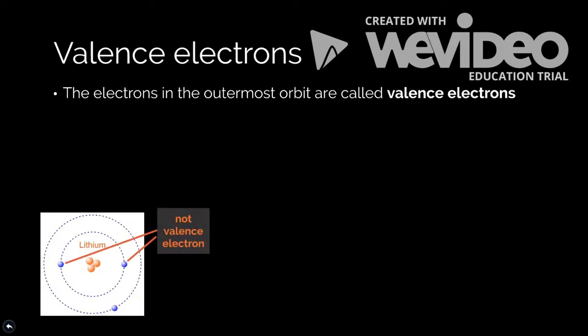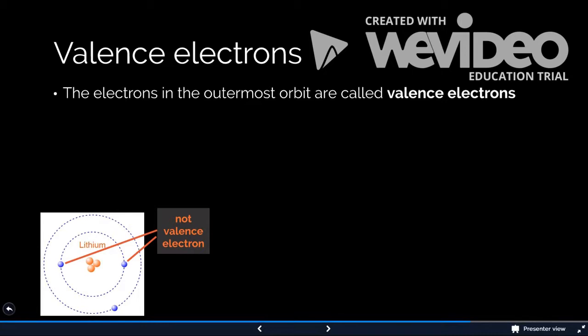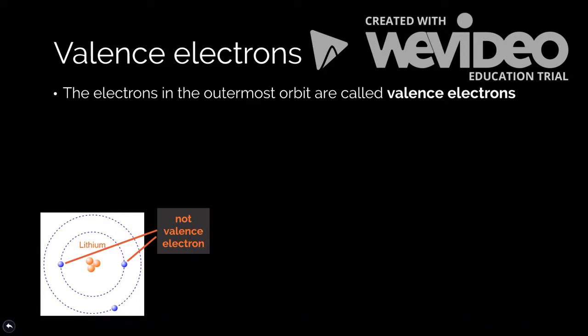As you can see, the 2 electrons that I have on the inner ring are not valence electrons. They're just normal, regular electrons. But the single electron that I have on the outside ring, the outermost ring, is what we will call a valence electron. So in this lithium, it has 3 electrons total, 2 of them not valence.